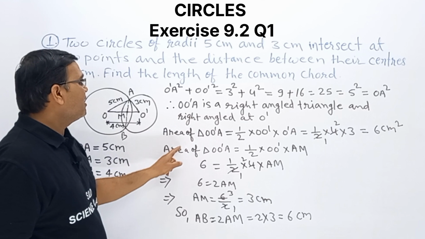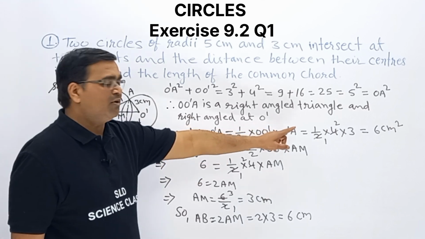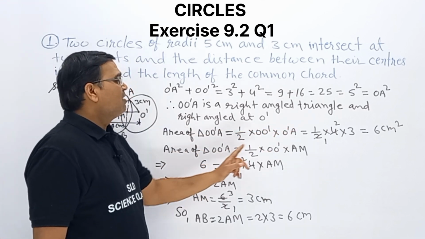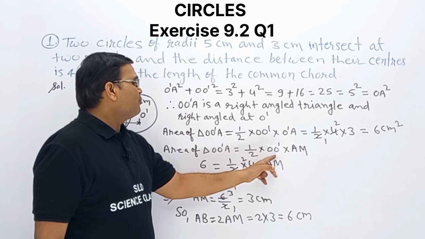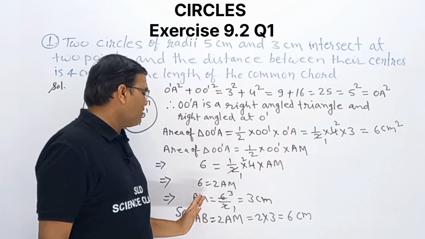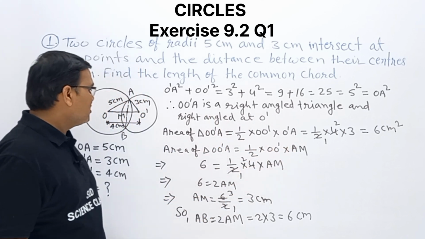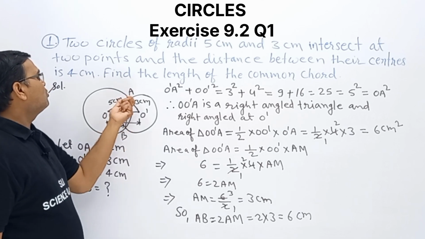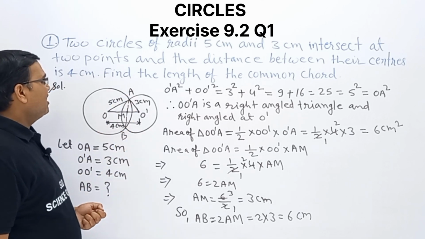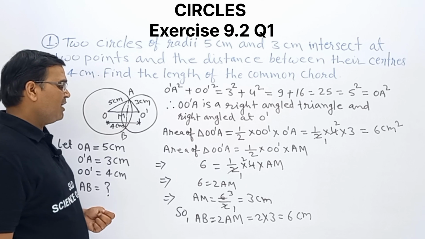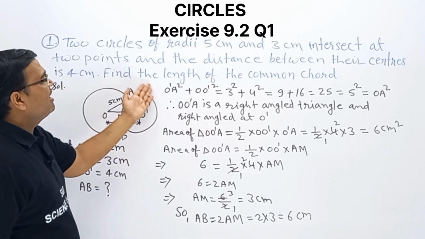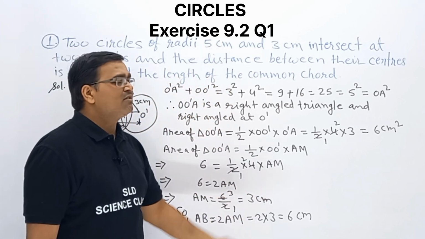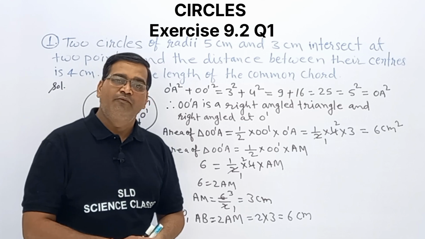Putting the area 6 centimeter square and solving for AM, we get 3 centimeter. AB is 2 times AM, so finally the length of the chord is 6 centimeter.